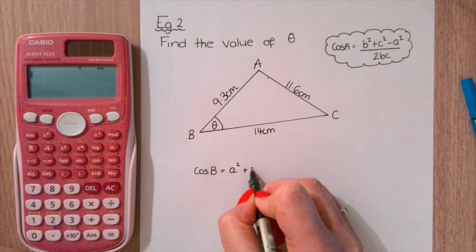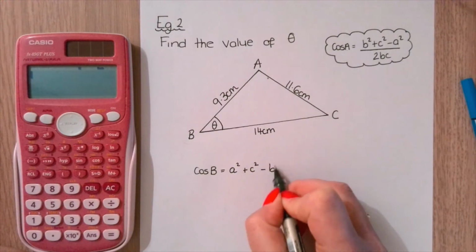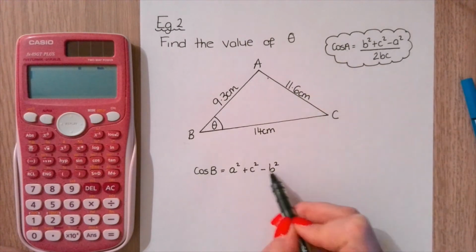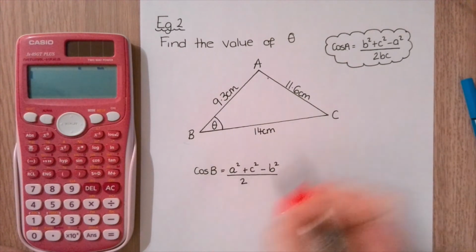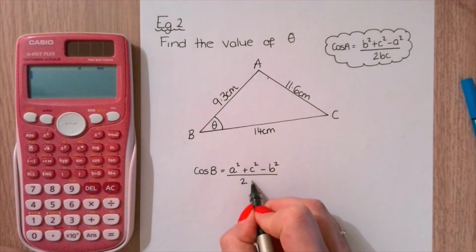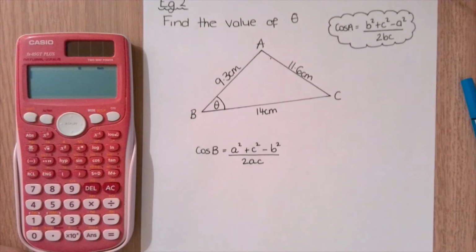The c is going to stay the same, and the lowercase a is now going to become a lowercase b. That is then all over two lots of swap the b for an a, and the c remains the same.